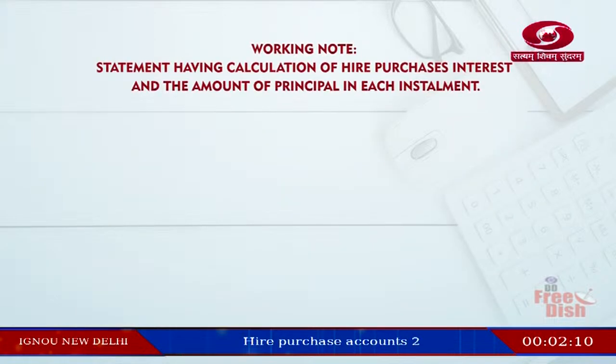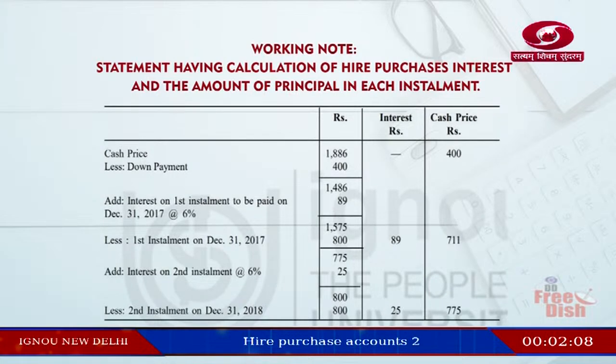Working note. Here this is how we had calculated the amount of interest for the first year, 89, and amount of interest for the second year, 25 rupees. Here cash price was 1886, this is the down payment 400. So balance is 1486.